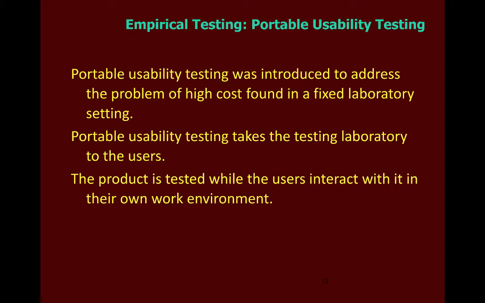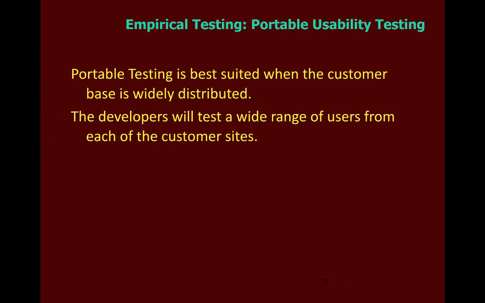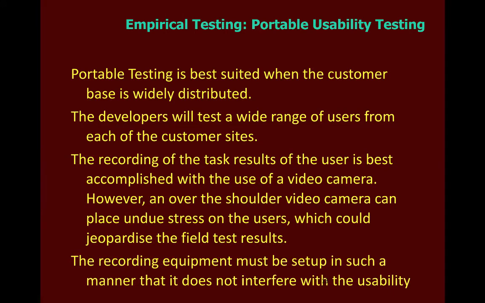We might deploy a prototype of the system in the user's company, in the user's environment, for instance, and let them use it. We might still videotape them as they use the system and get feedback from them.